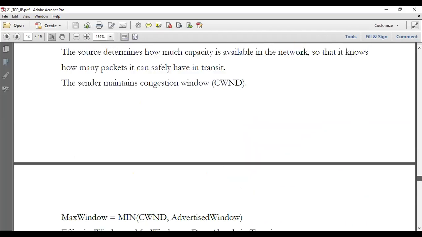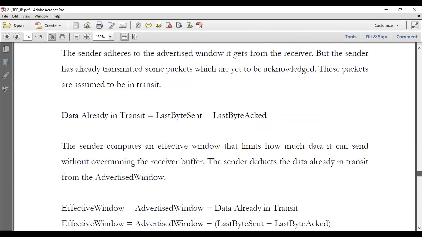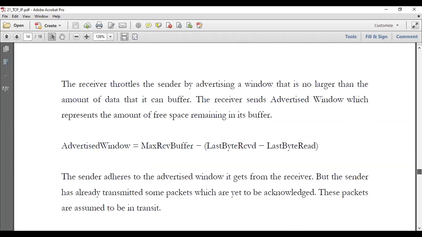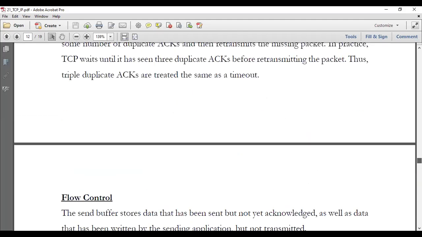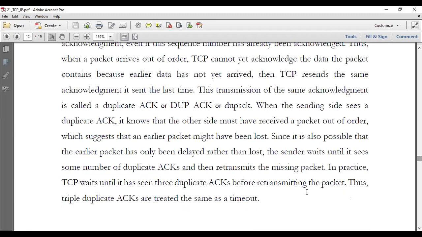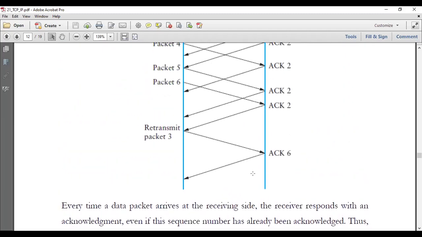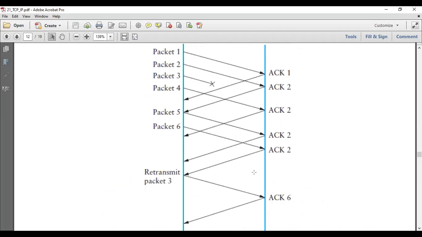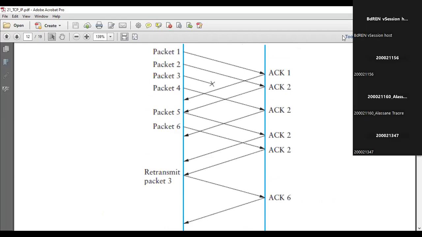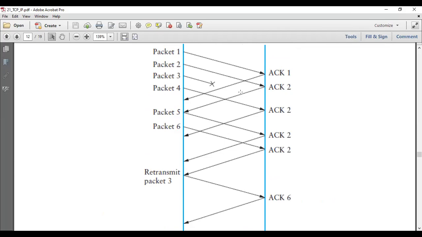A couple of things I might have missed with some of you: when you have a retransmit, you identify the missing packets based on duplicate acknowledgements. The acknowledgement packet with the same acknowledgement number is transmitted multiple times.